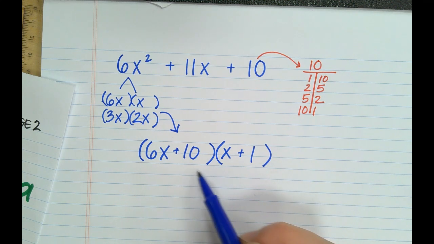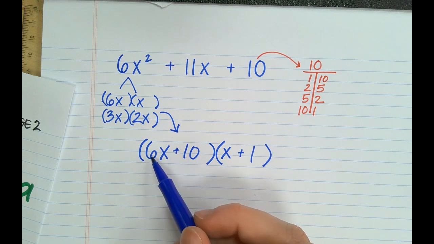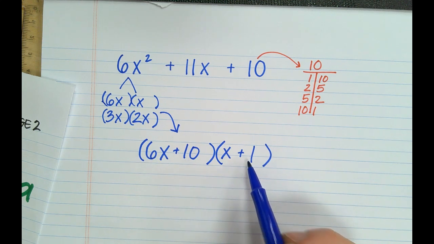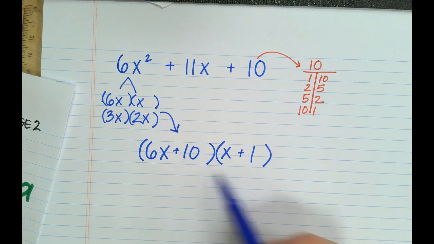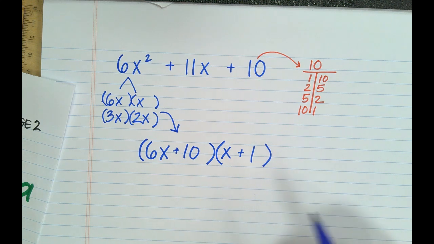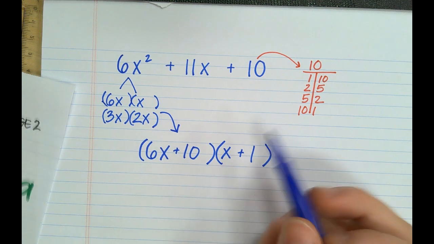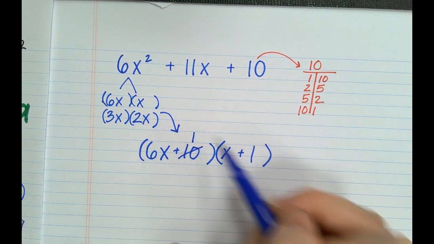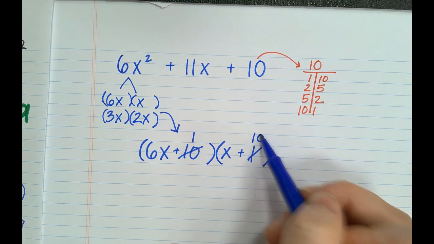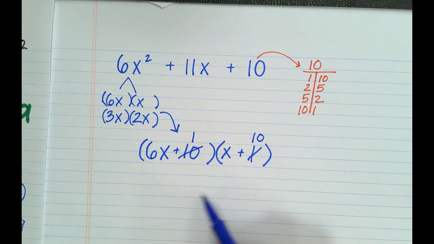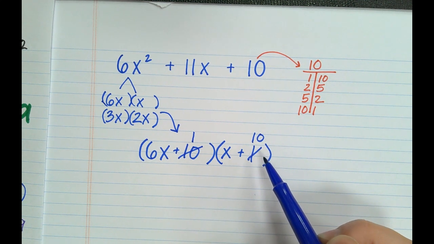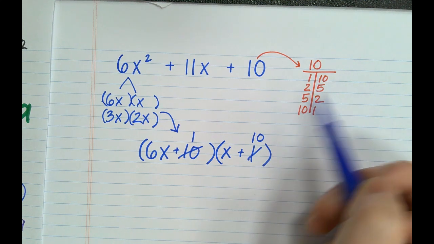I know 10 times x is 10x. 6x times 1 is 6x. That's going to be 16x. So that's not going to work. And if I flip it, it'll make it even bigger. Because if I have a 1 and a 10, then I've got 6x times 10, which is 60. So 10 and 1 aren't going to work.